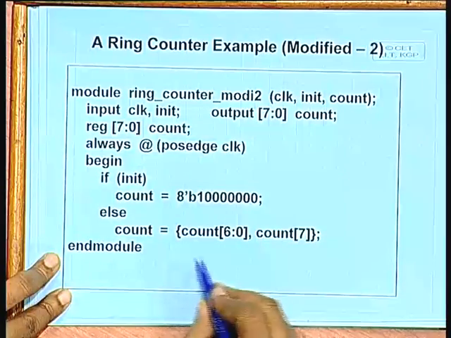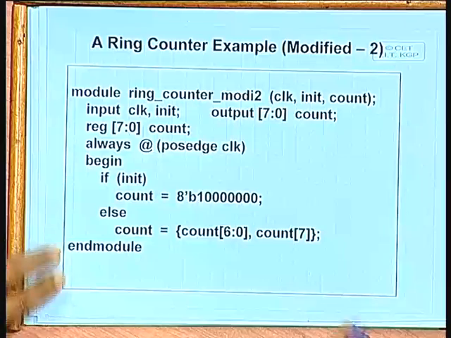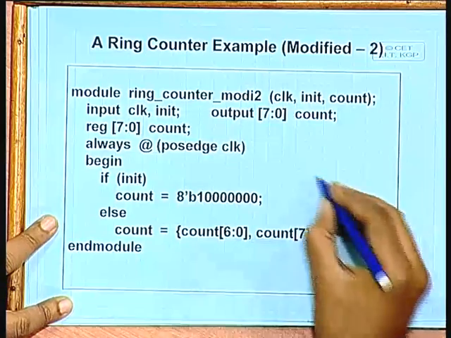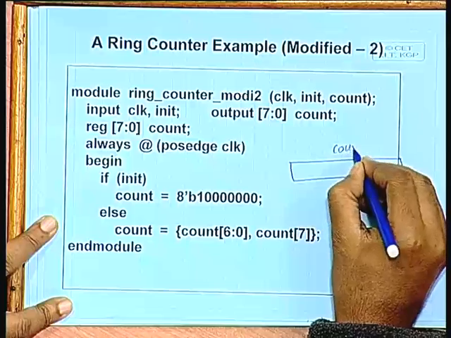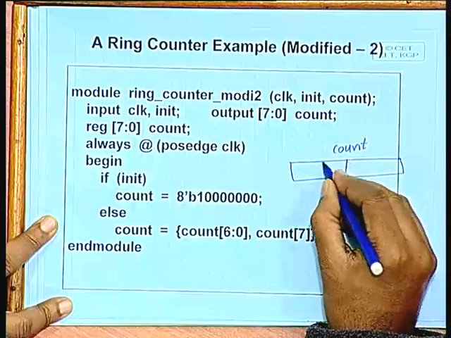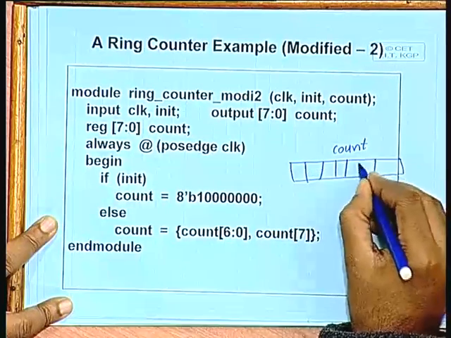Now, a correct solution will be to do the two things concurrently. The last solution we are showing here uses the concatenation operation, and we are doing this concurrently. See what you have done. This is your count. This count is an 8 bit register.